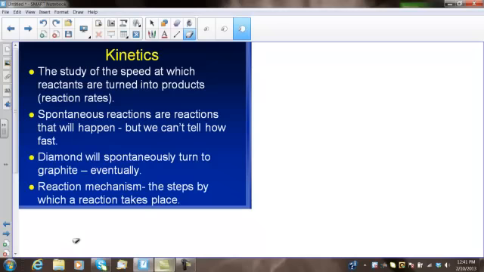A reaction mechanism, which this lesson does not talk about today, focuses on the steps by which a reaction takes place. So for example, when we look at a reaction, we only see the reaction. We don't see the little mini reactions that are taking place behind the scenes. So when we look at reaction mechanisms, we're going to look at those smaller steps.